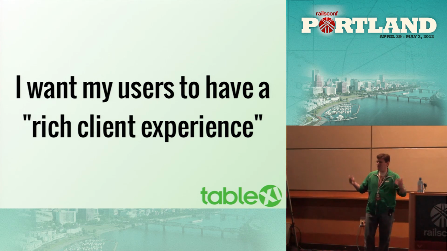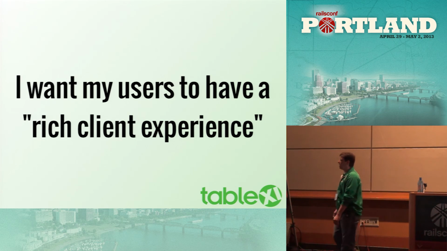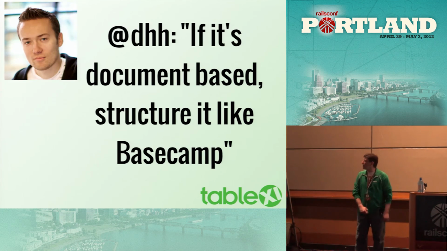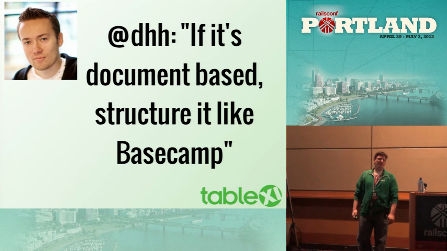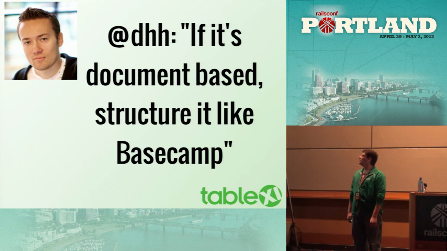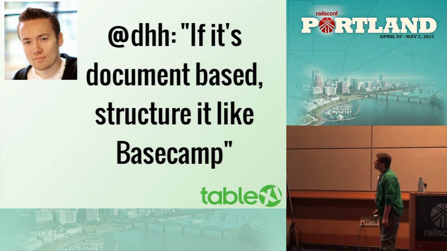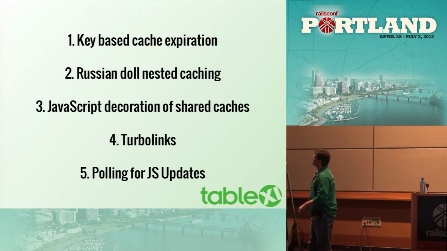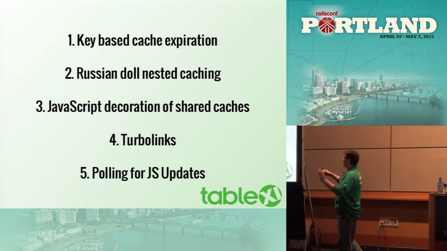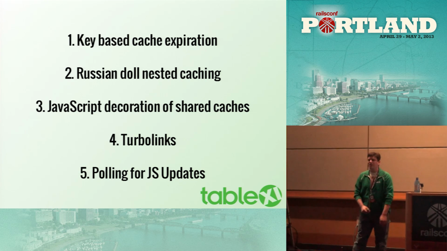So imagine, if you will, that you have a commission like this and you're looking for advice on how to build this site, and you come here to RailsConf. And yesterday you sit and you see David Hansson say, if it's document-based, structure it like Basecamp. And he goes on to say that structuring it like Basecamp means these 5 things: key-based cache expiration, Russian doll nested caching, JavaScript decoration, Turbolinks, polling, and so on.